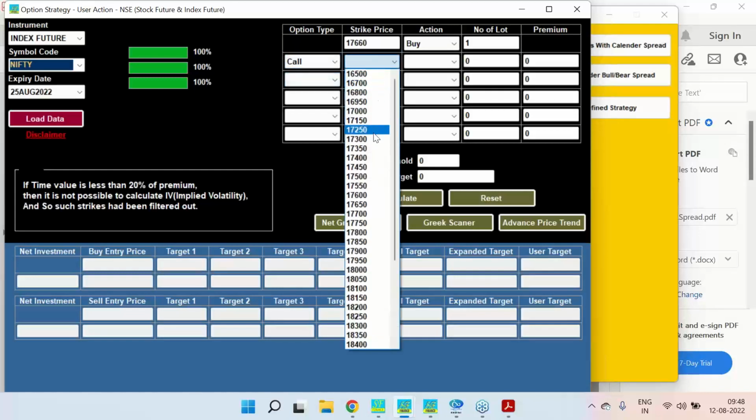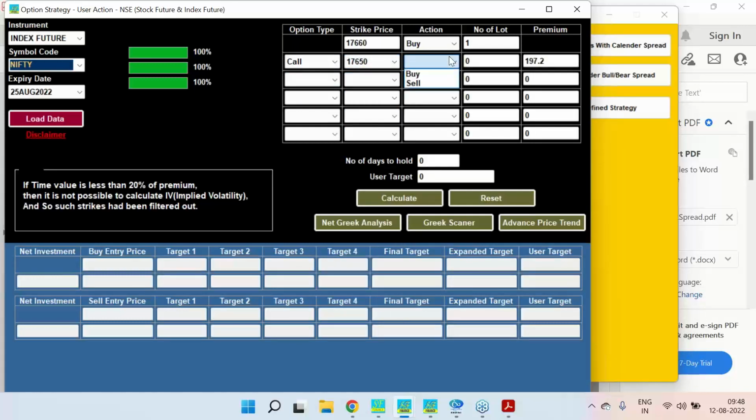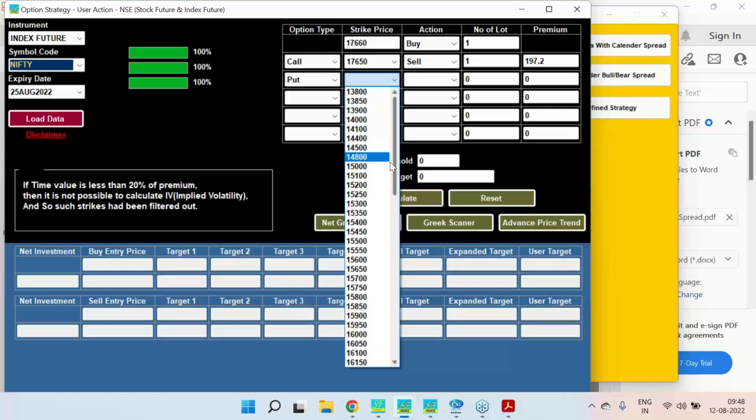Just select the call in the money; we're going to go with 17,650. We're going to sell this one lot. Along with that, we're going to buy the put option, the strike of which should be the future price 17,660 minus 200, so it will be somewhere around 17,450.